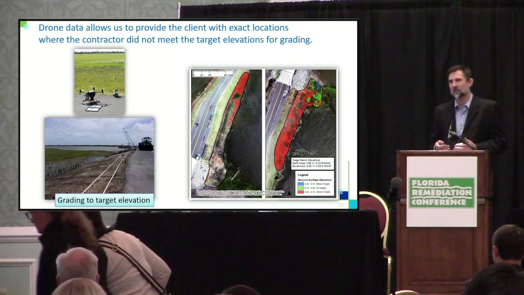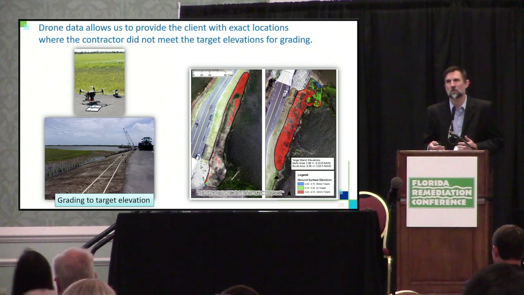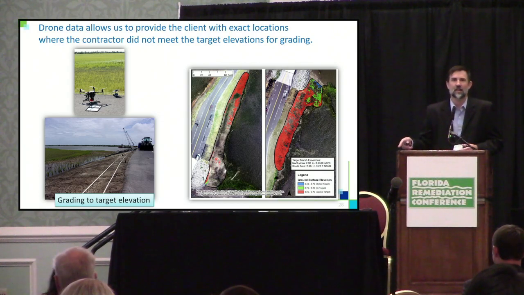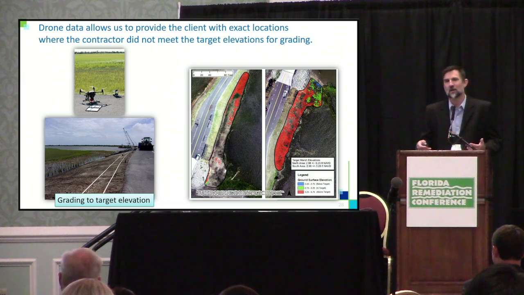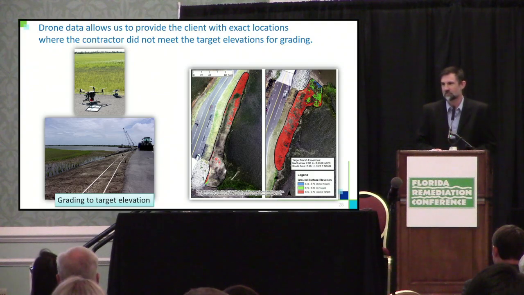So the areas in red were the areas that were graded too high. So rather than having just a few topo spot shots of the elevations that say, all right, well, here you're a foot higher, here you're 6 inches high, now we can provide the contractor spatially explicit GIS-based information that says this area needs to be taken down a half a foot, or this area needs to be taken down 2 feet.